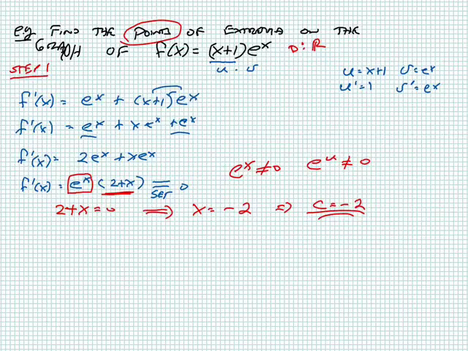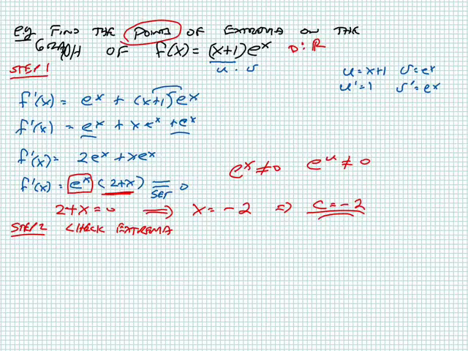Okay, so step 2 is I'm going to check what type of extrema I have. And you can use the first or second derivative test. It's probably easiest to use the second derivative test. Well, I guess that's arguable, because here's my first derivative. But I'm going to use this form of the first derivative to take my second derivative.